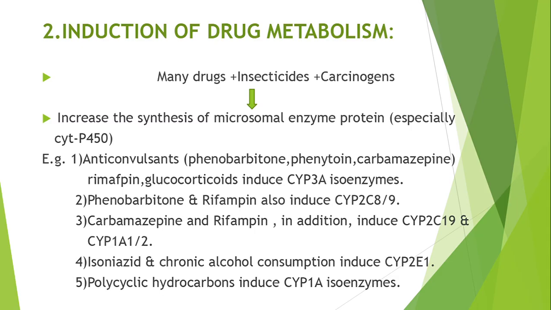Carbamazepine and rifampicin in addition induce CYP2C19 and CYP1A1/2. Isoniazid and chronic alcohol consumption induce CYP2E1. Polycyclic hydrocarbons induce CYP1A isoenzymes. So these are some examples of induction of drug metabolism.